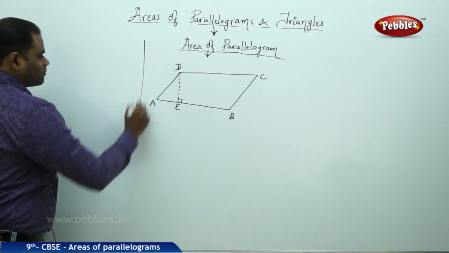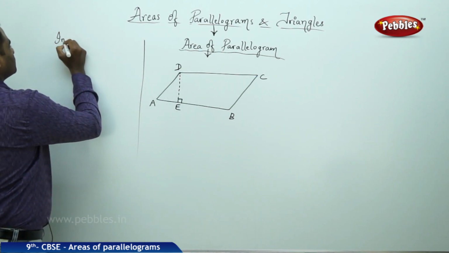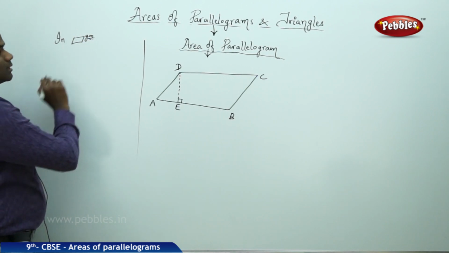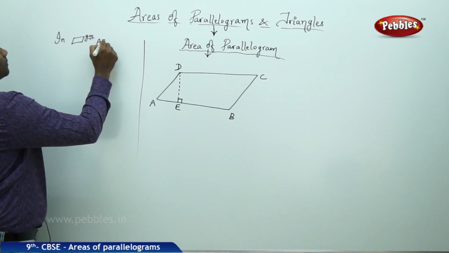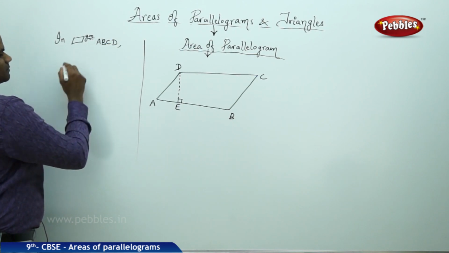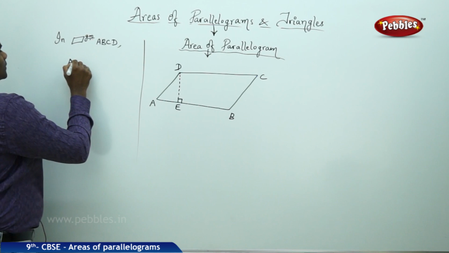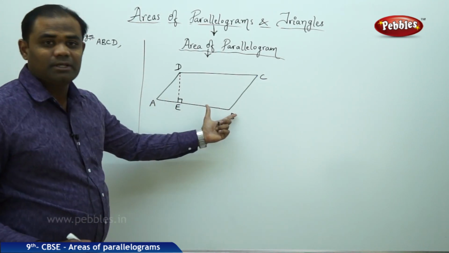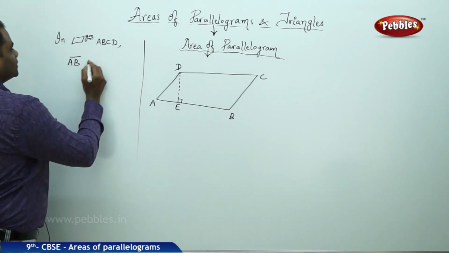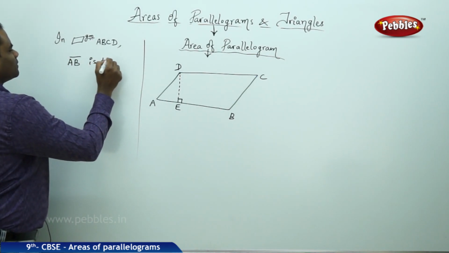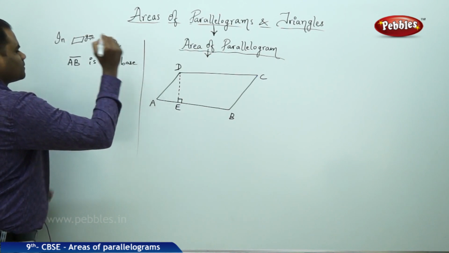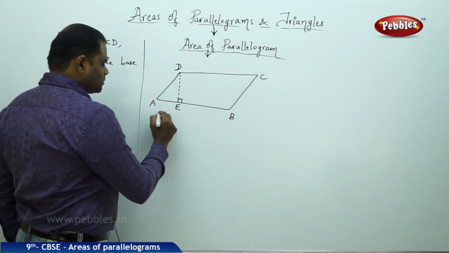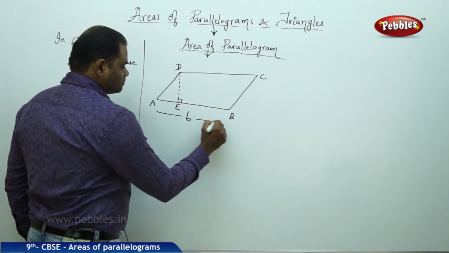So in parallelogram ABCD, the symbol for parallelogram is this. Now I take the base, which is at the bottom of the parallelogram, that is AB. AB is the base of this parallelogram. Let me denote the base with some B units.